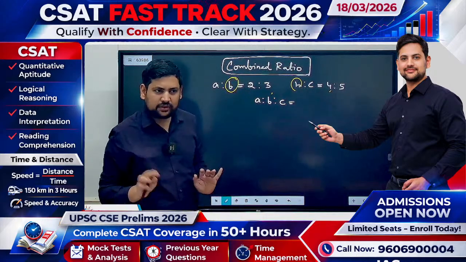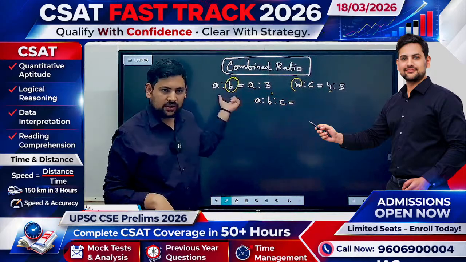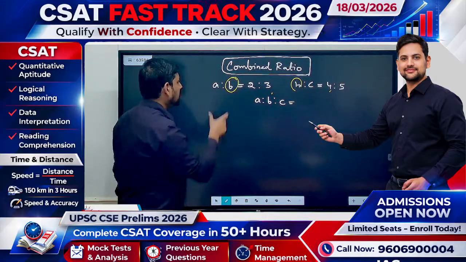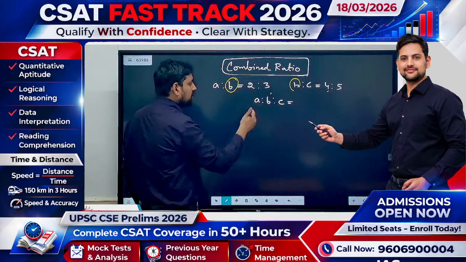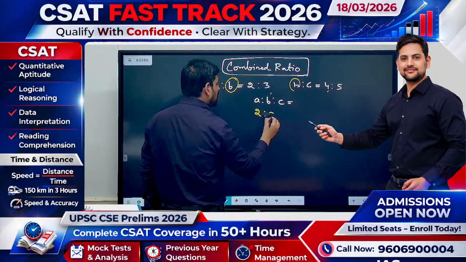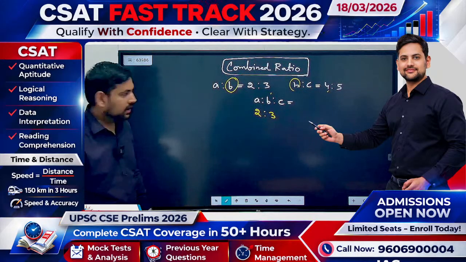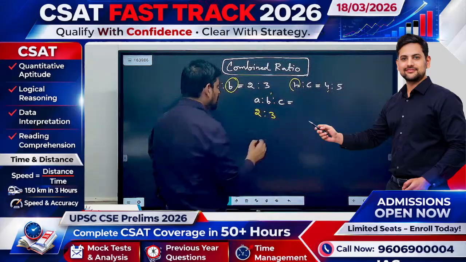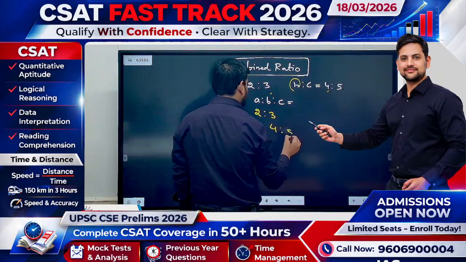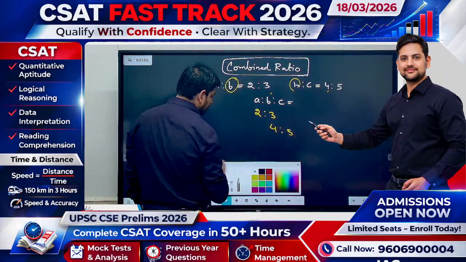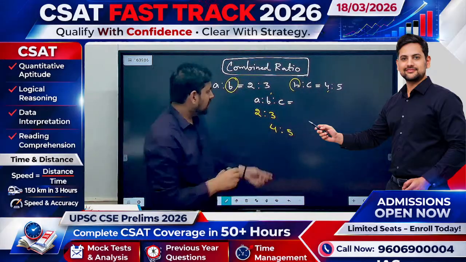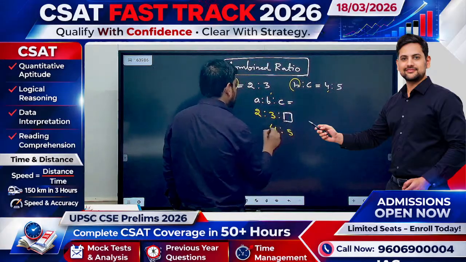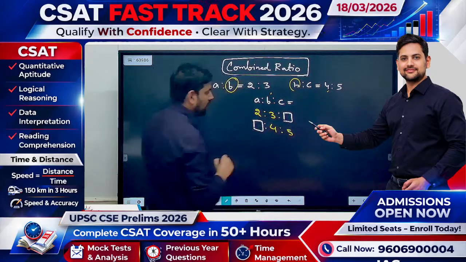Basically, whatever is given in the question, you just write it below. For example, A ratio B is given as 2 ratio 3, so write 2 ratio 3. Then B ratio C is given as 4 ratio 5, so write 4 ratio 5. Then the next thing that you should do is, now there are blanks here, correct?